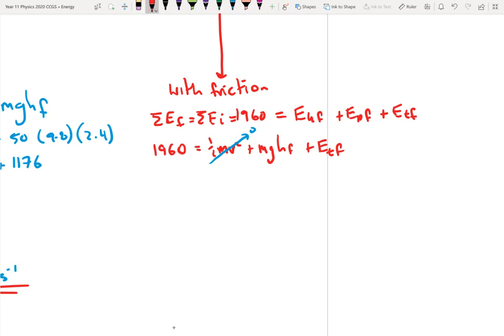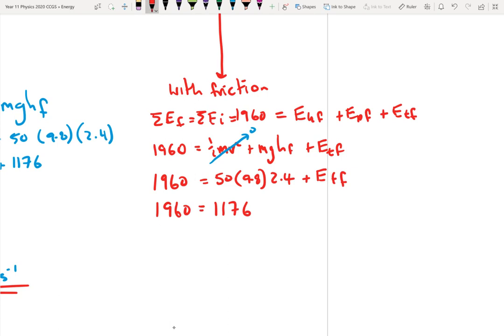Well, let's evaluate this. 1960 equals 50 by 9.8 by 2.4 plus ET final. 1960 equals 1176 plus ET final. The thermal energy lost is 784.